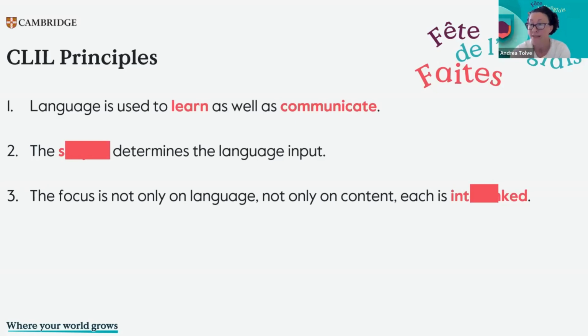What about sentence number 2? Yes, Nadej, exactly. The subject determines the language input. So this links both to a lexical approach and content-based teaching. In CLIL, the vocabulary and the structures are drawn directly from the subject.